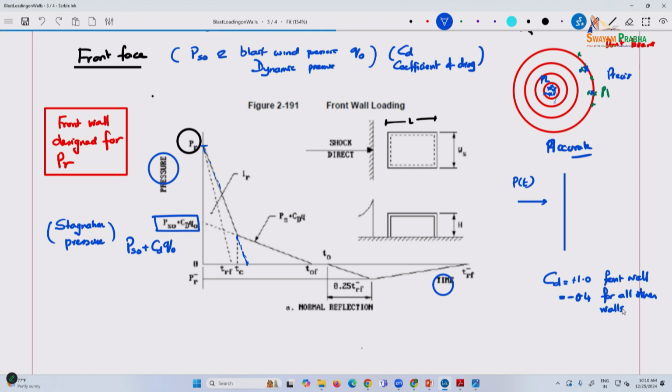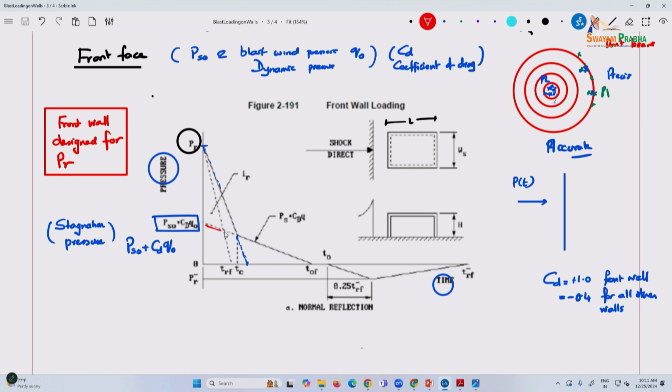On the other side, since it is flowing around and PSO is acting toward it, the drag is taking away some of the pressures that are acting.